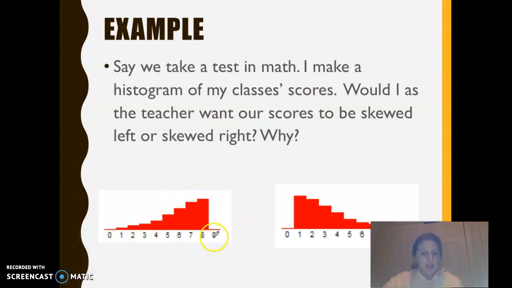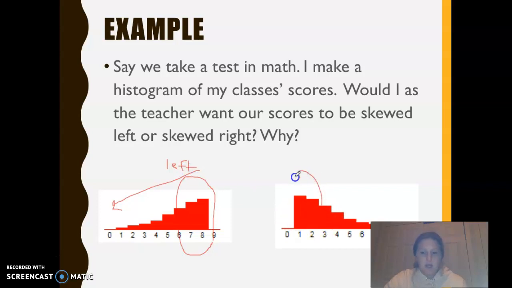So this graph has the scores and the majority of the data clustered on the right, which means they're clustered on the high scores, which means the majority of my class did well here. And then I have a few who did poorly, so it's lower on the lower scores. This is being skewed left. We'll compare it as I try to write left with my pen here.